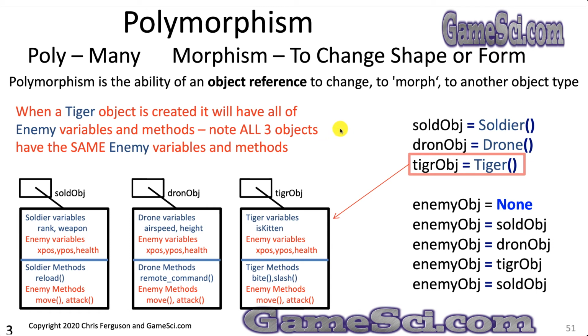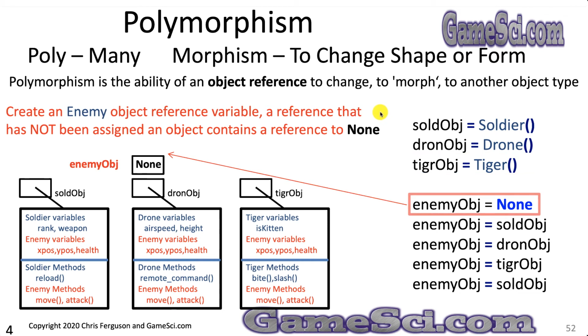Note all three objects have the same enemy variables and methods. Here are the enemy variables and methods in Tiger. Here they are in drone. Here they are in soldier. That's a key element to doing polymorphism. You need to have a bunch of methods with the same name. You need to have a bunch of inherited methods that all the objects will share.